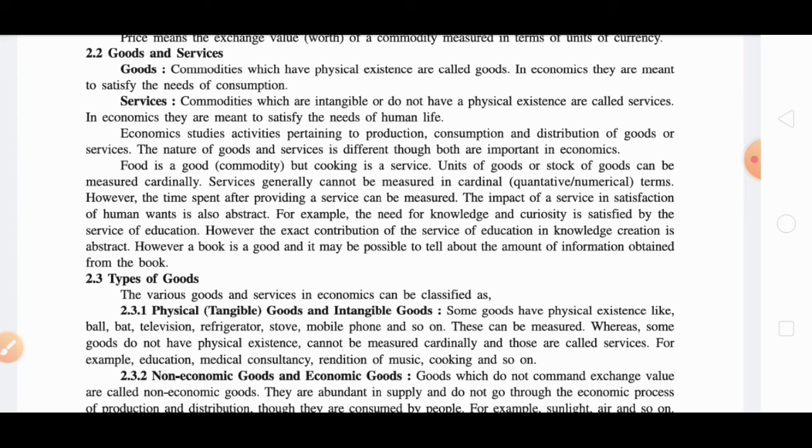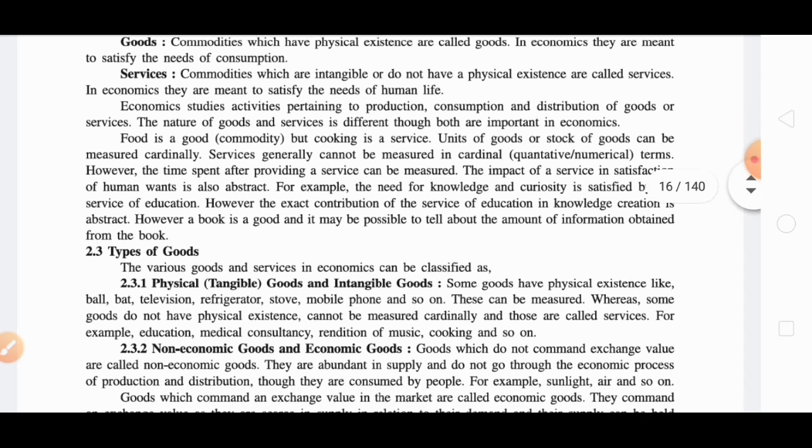Goods are meant to satisfy the need of consumption, while services are meant to satisfy the needs of human life. It means it is not satisfying a particular need of consumption, but it facilitates our different needs of human life.